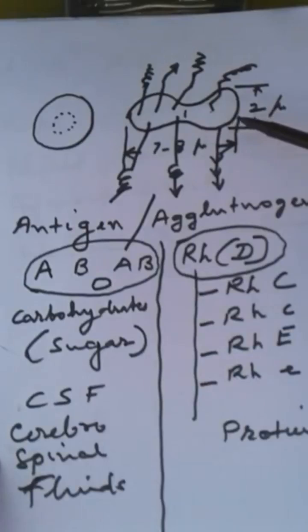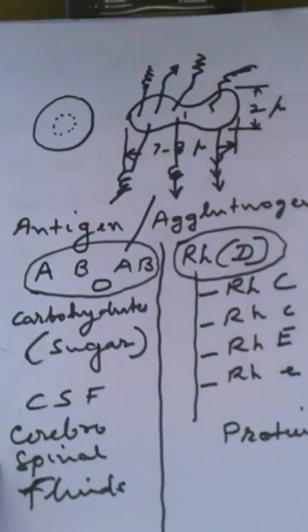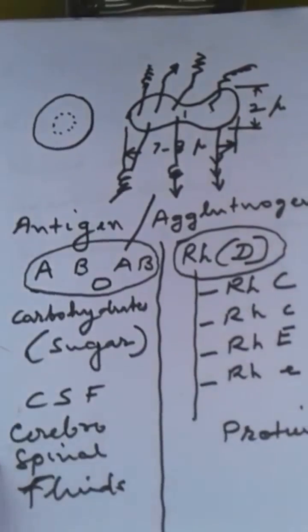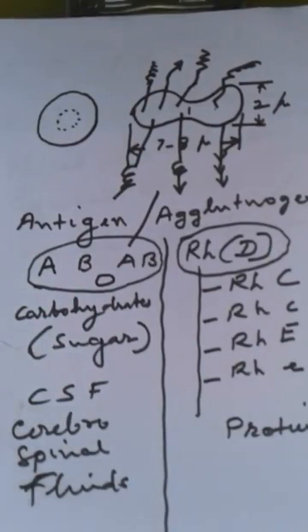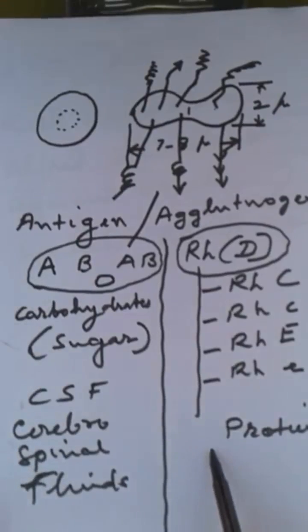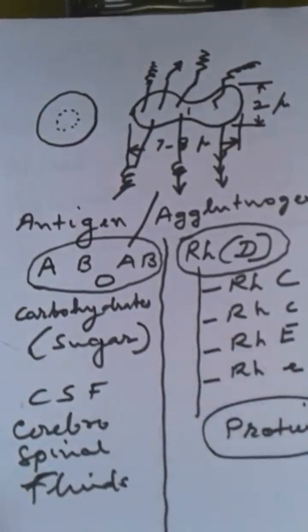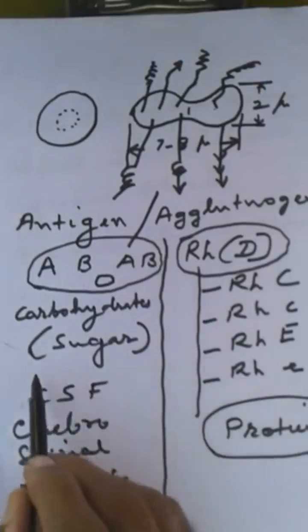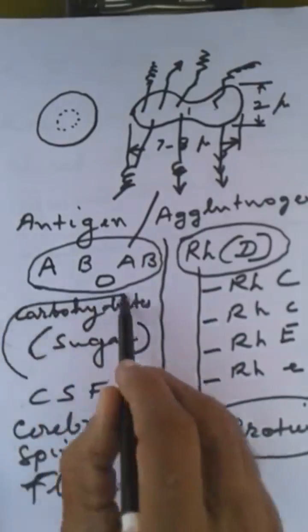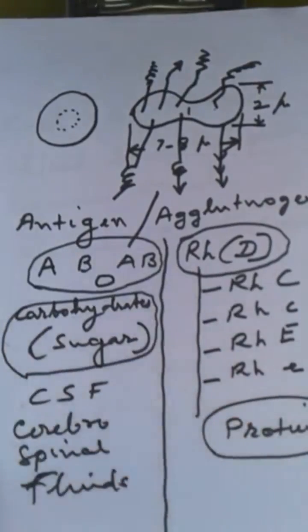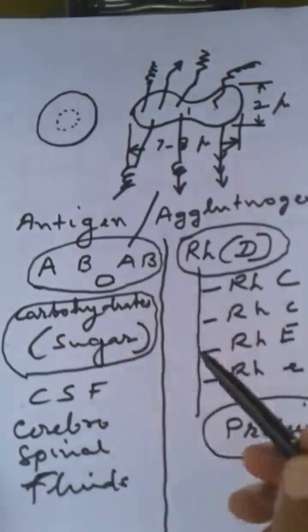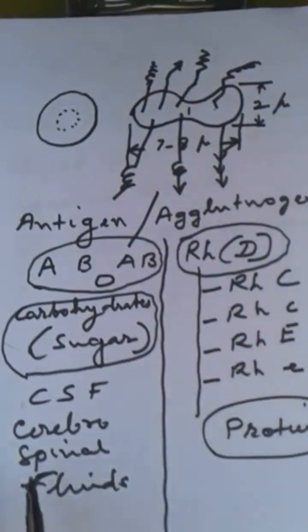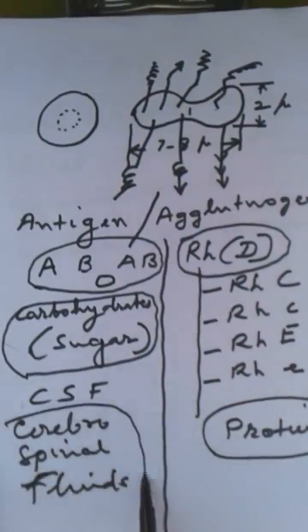The medical name of red blood cell is erythrocyte. Erythro means red. So, RH is a protein, whereas ABO is sugar or carbohydrates. ABO is seen in many parts of our body except cerebrospinal fluid.